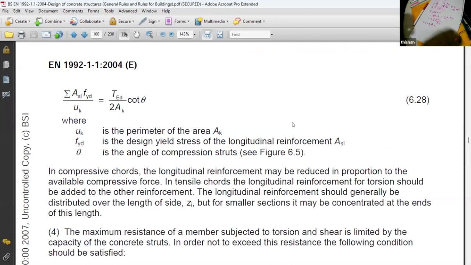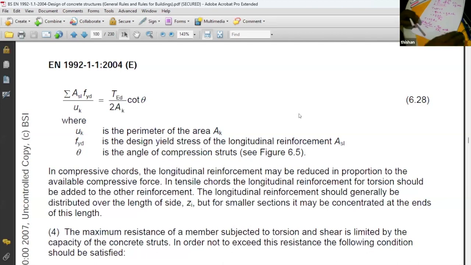So it gives this equation, which says sigma ASL FYD over UK is equal to TED over 2AK cot theta. So that is the only equation given, 6.28.